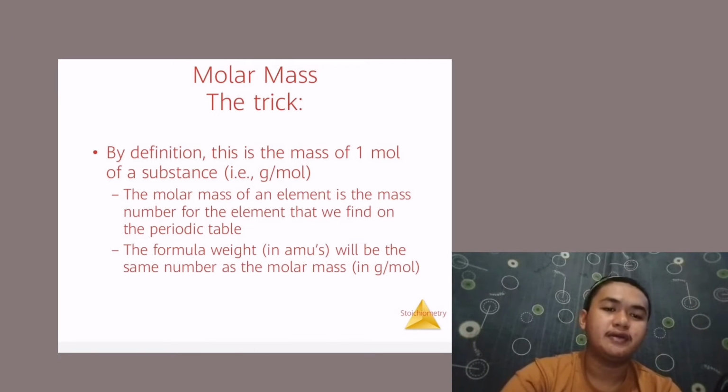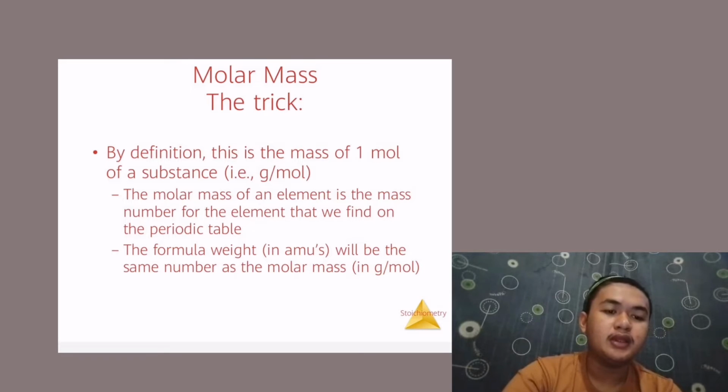Molar mass. By definition, this is the mass of 1 mole of a substance, in grams per mole. The molar mass of an element is the mass number for the element that we find on the periodic table.